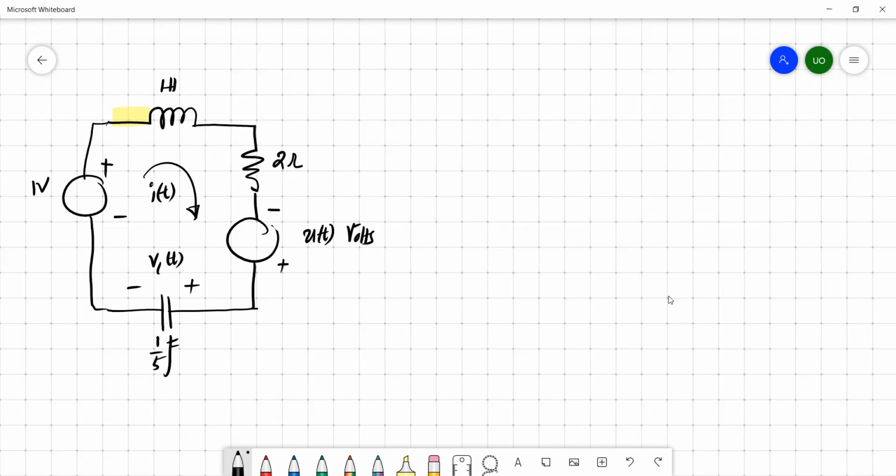In this, it says that you need to derive the current response, so you have to find i(t).